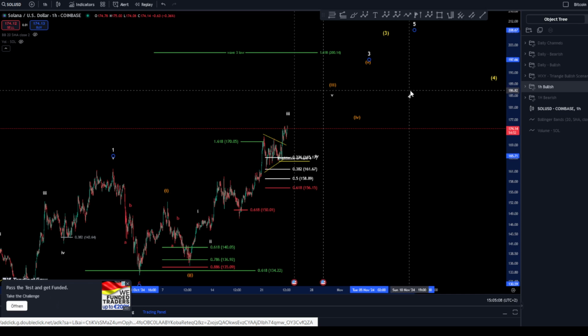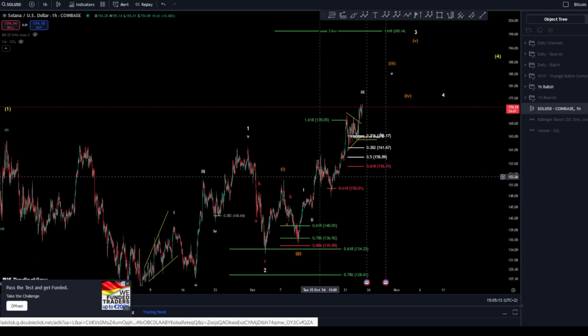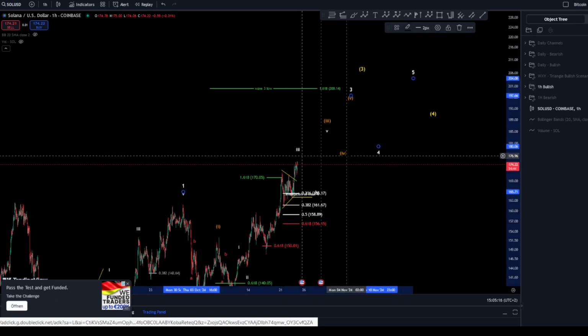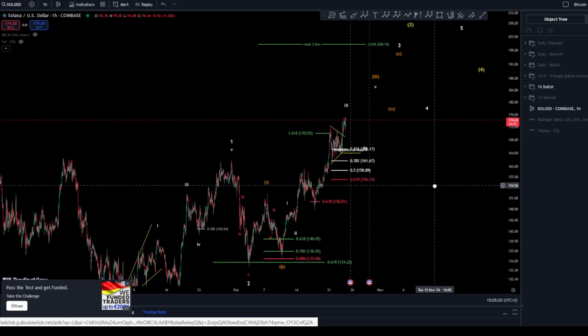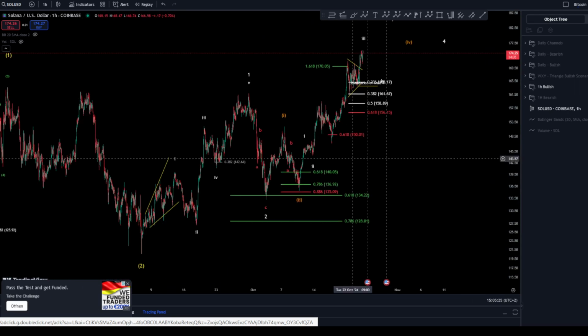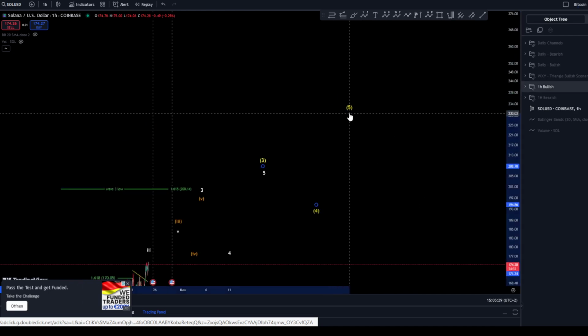And then we're gonna get a 4, which comes back to the 4 in orange, possible. Based on the Elliott wave theory, the 4th can always range at the same level again. And then it's gonna give us a wave 3 in the yellow scenario, exactly. So 4 and a 5.